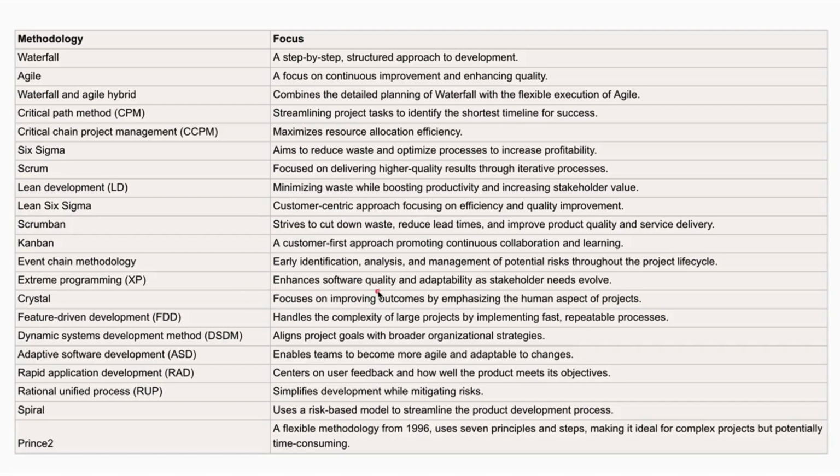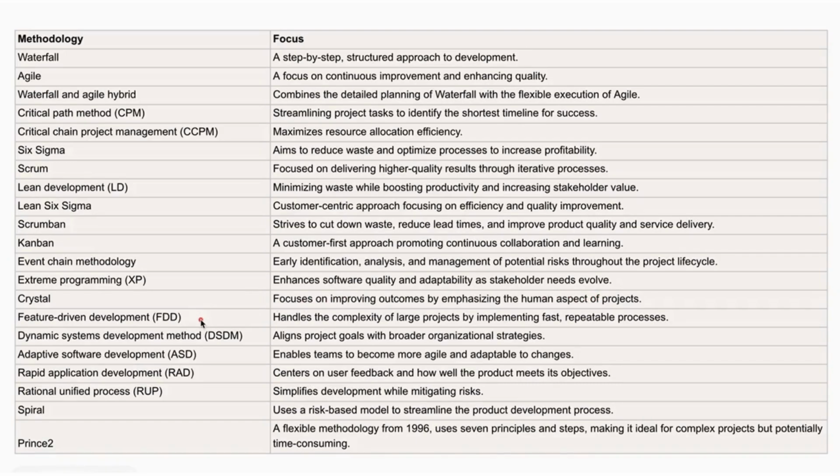So enhance software quality, adaptability, as stakeholder needs evolve. It's a bit similar to the agile methodology, but it's older than agile. And the next one, we got Crystal here. So the Crystal methodology focuses on improving outcomes by emphasizing the human aspect of the projects. So it's quite unique here, focus on the human aspect of the projects.